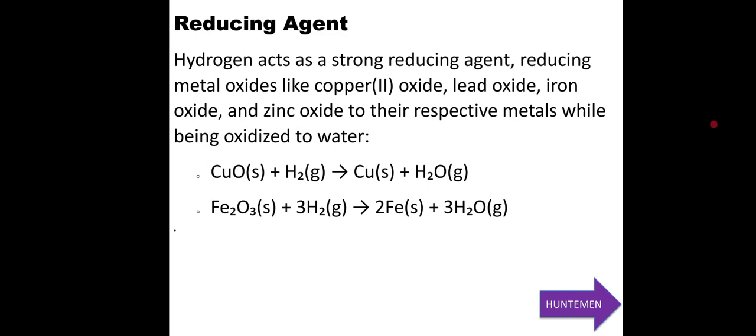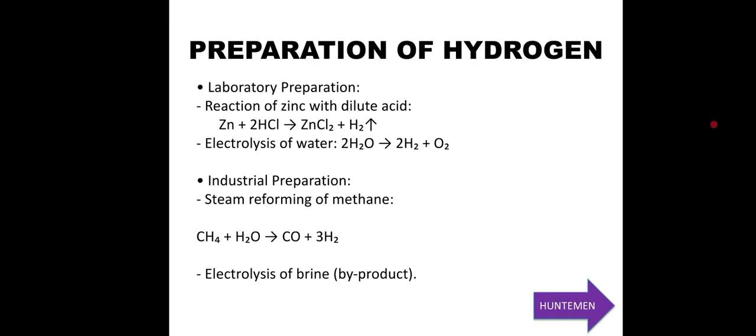This is applicable to those metals that are below hydrogen in the activity series. In the activity series, there are some active metals that are above hydrogen, and the oxides of those metals cannot react in this manner. For the others, it will reduce the oxide to the original metal, and the hydrogen itself will become oxidized to water vapor.